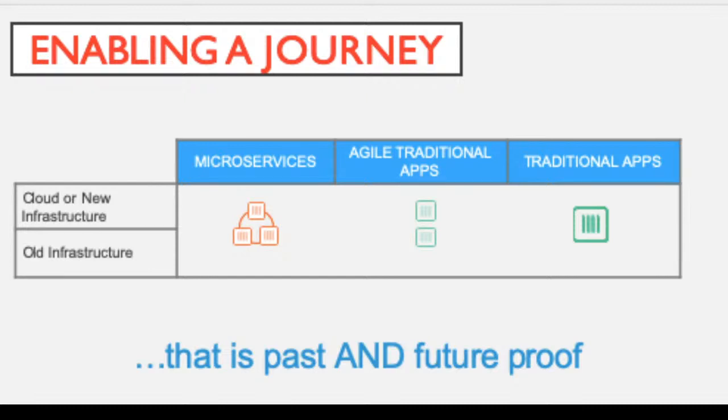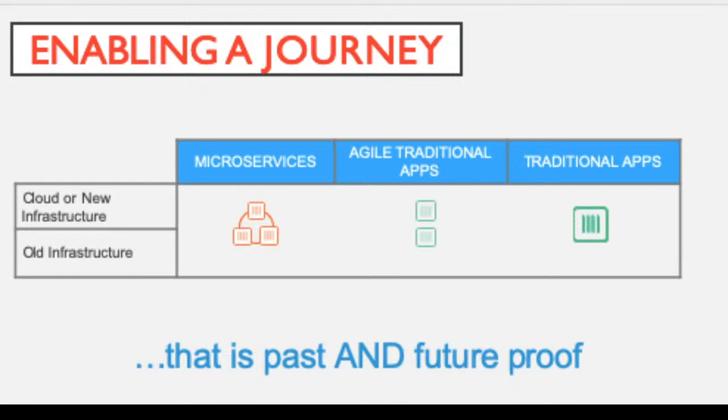Now we would like to enable this journey, and how we are going to enable it is by introducing something called agile traditional applications, in between microservices and traditional apps.